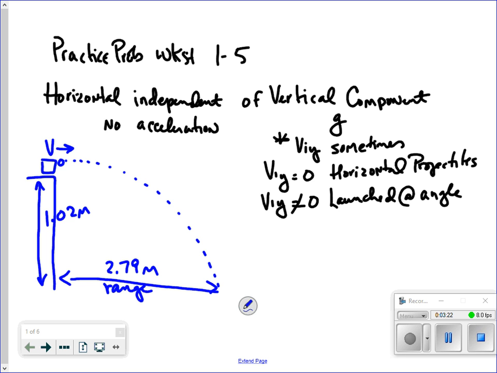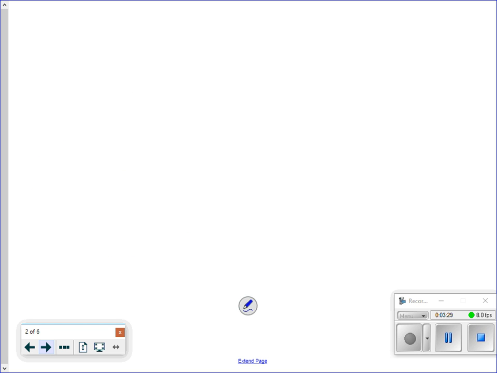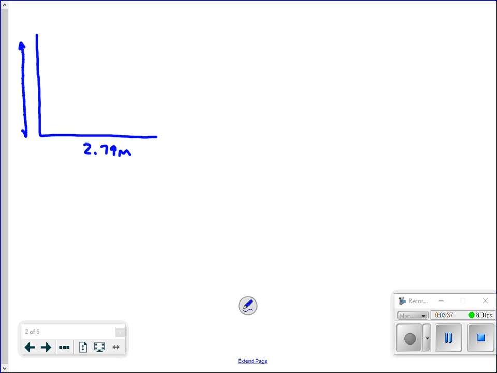And then you did a little bit of math and figured things out from there. And if I had been smart, I would have done that on the next slide, so I wouldn't have to redraw it, but I will. I'll redraw it again. All right, so 2.79 meters, 1.02 meters, and of course the ball made a half of a parabola.